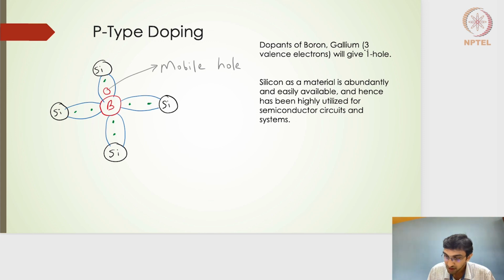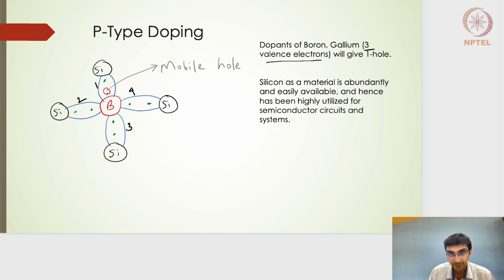If I use boron or gallium, again with 3 valence electrons, and it is diffused or implanted inside the silicon crystal lattice structure, it still forms covalent bonds. Silicon has 4 valence electrons, so it is likely to form 4 bonds. But boron has 1 valence electron less, so it forms a covalent bond but leaves a hole.